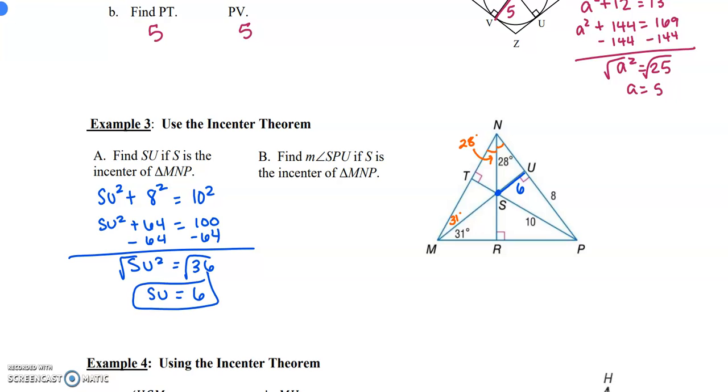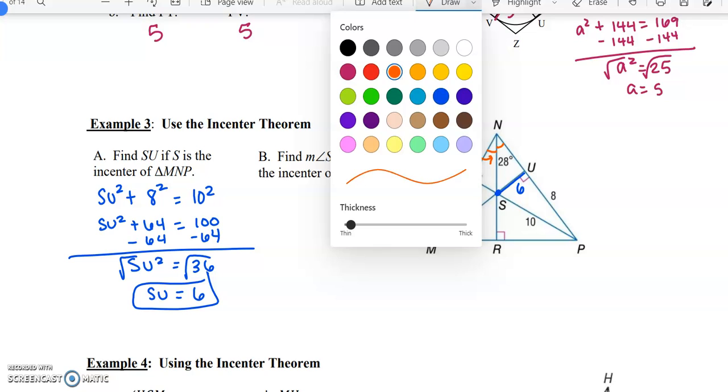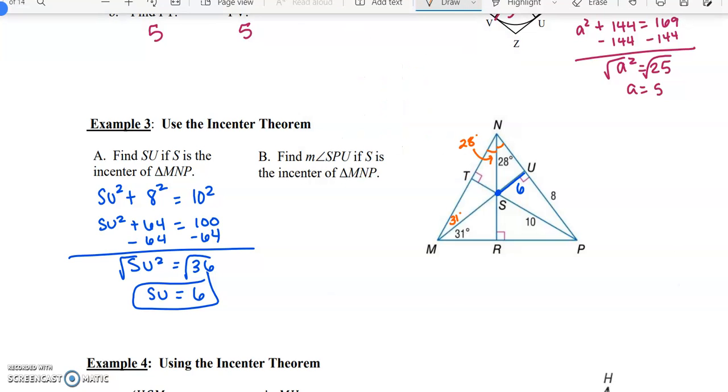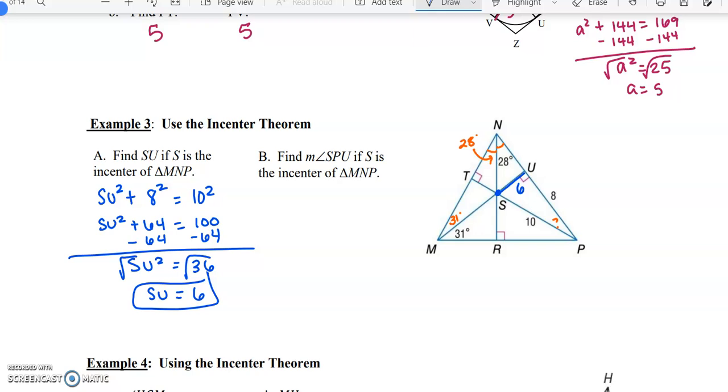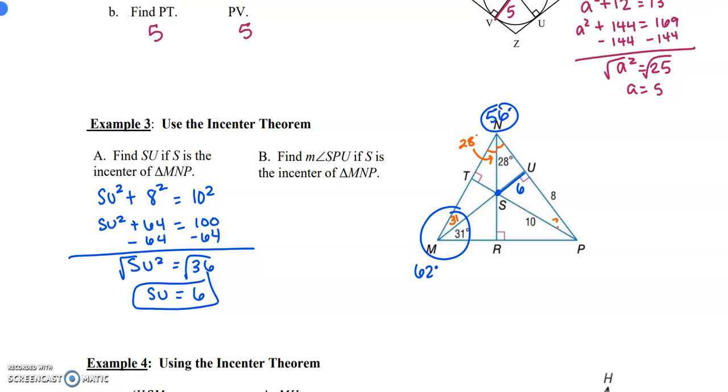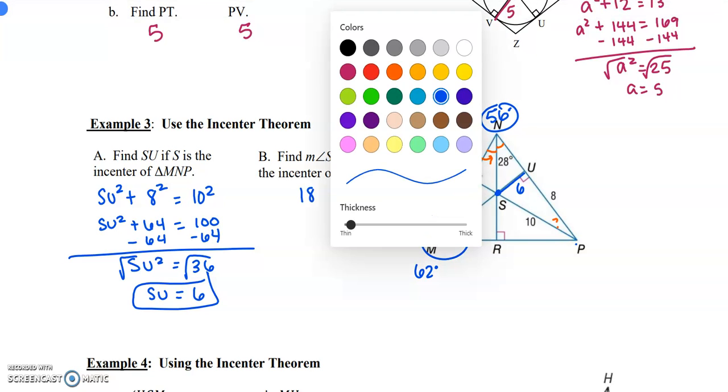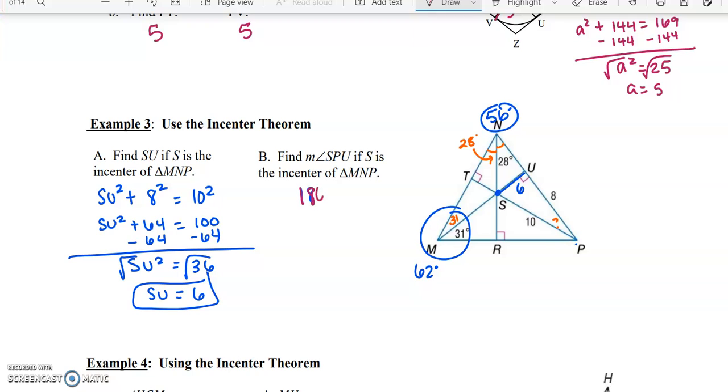And then SPU, that angle, is what we want to find. So SPU, this angle right here. Well, it's a triangle, and we know that up here, 28 and 28, that is going to be 56, right, for angle N. And then this one right here is going to be 62 degrees for angle M. So we can figure out what angle P is, because we know that all three angles in a triangle add up to 180.